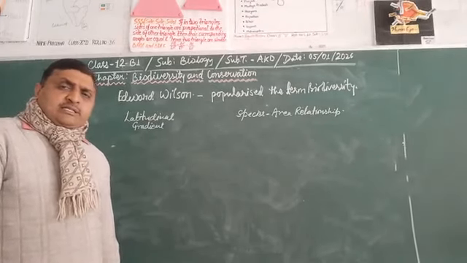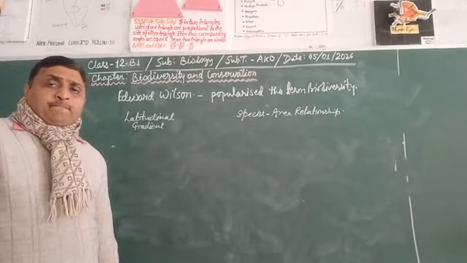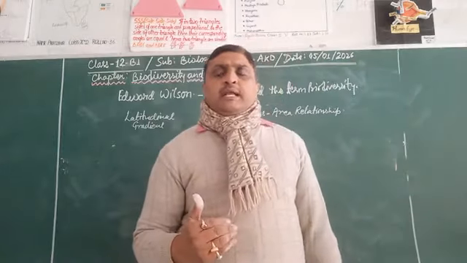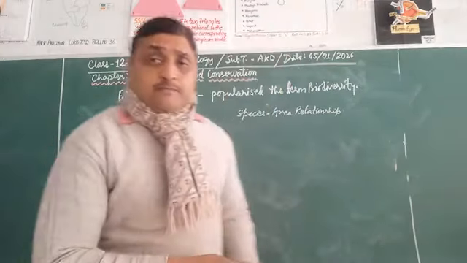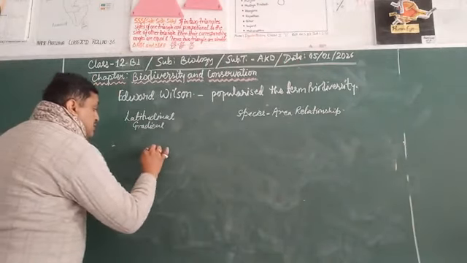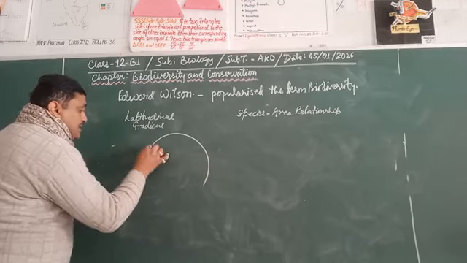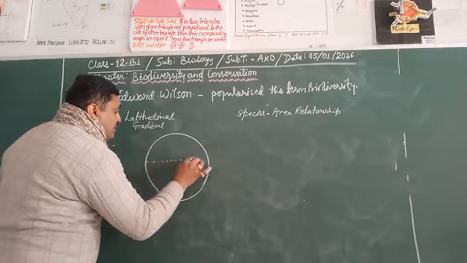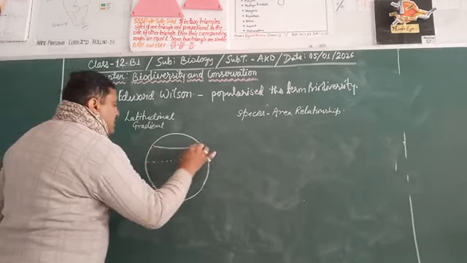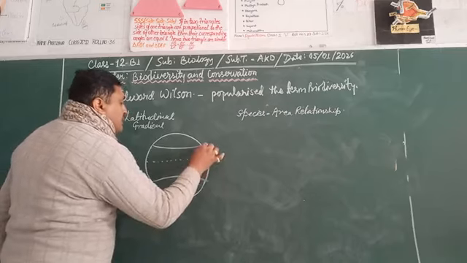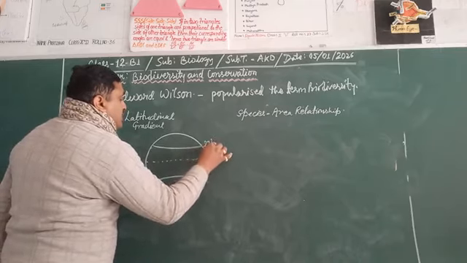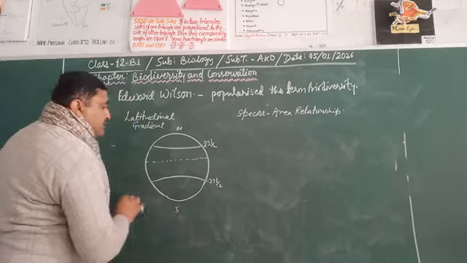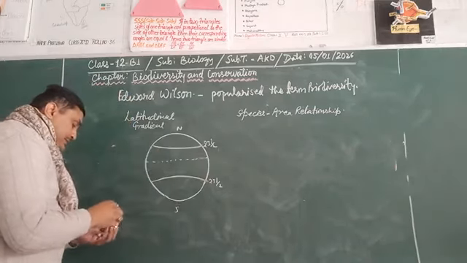The latitudinal gradient says that if we move from the tropical region to the polar region, the biodiversity decreases. Suppose this is the diagrammatic representation of the globe, and at the center there is the equator, and from the equator 23.5 degrees north and 23.5 degrees south is known as the tropical region.